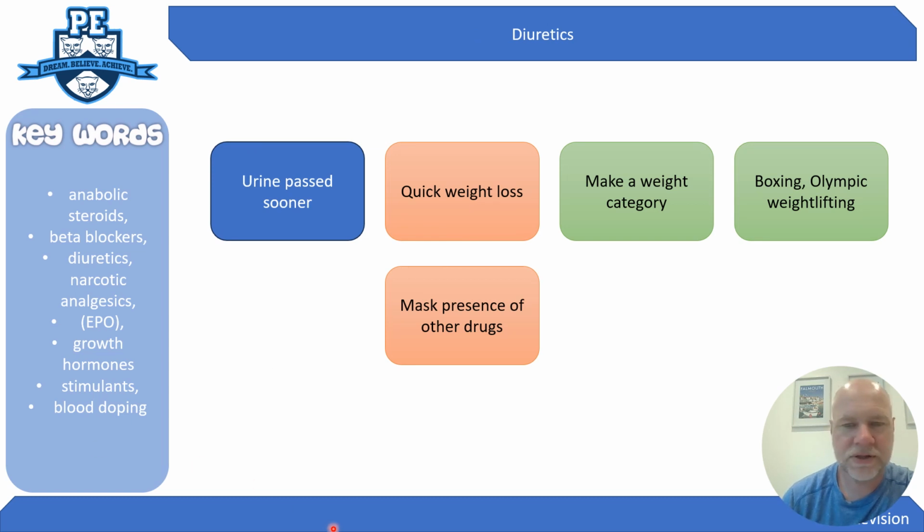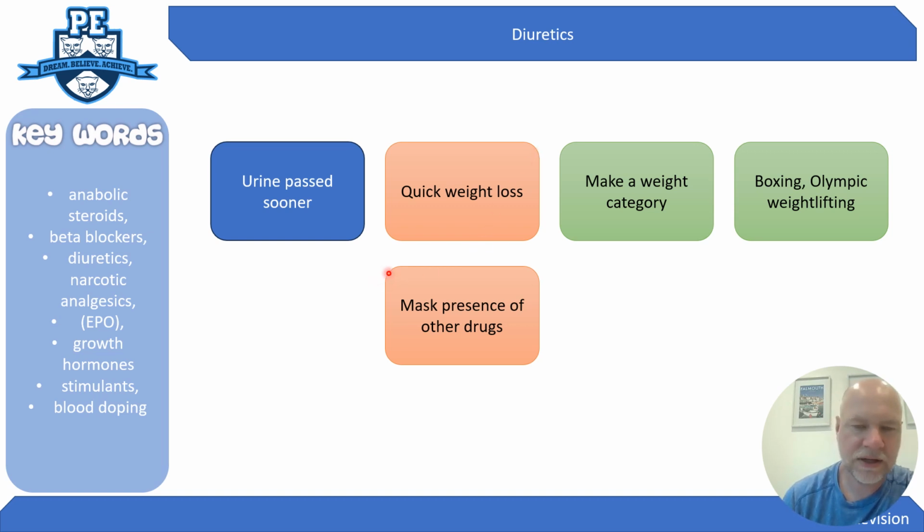The next performance enhancing drug we'll look at is diuretics. Now, diuretics essentially help the athlete pass urine quicker. Okay, so you basically wee more often. And the reason why athletes would take this drug is to quickly lose weight. It's a weight loss drug because water's passed out of the system quicker.